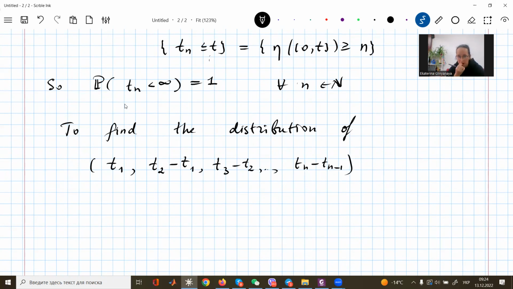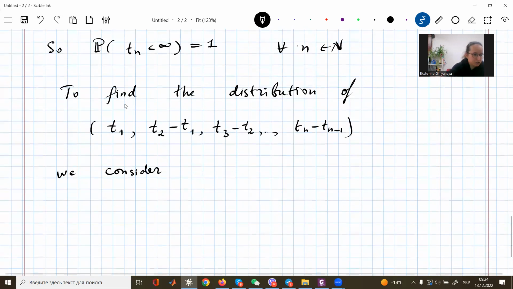So how can we find the joint distribution of a random vector? We will consider the expectation of a function of this vector. So we consider a function f, so we have here n coordinates.